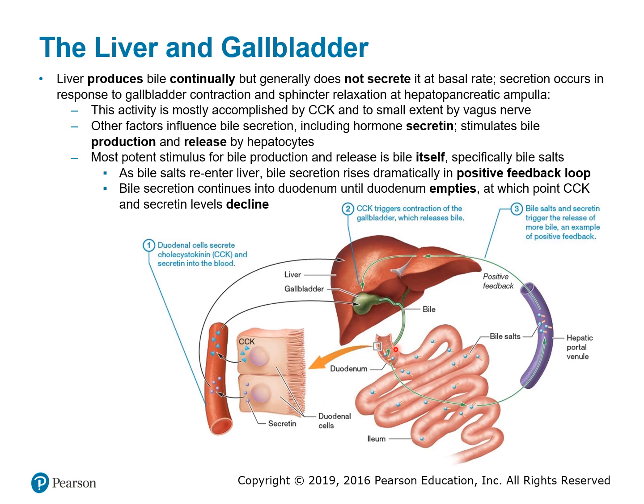And then secretin and CCK are going to be released by the duodenal cells. They're going to go through the blood system. Then the CCK is going to trigger the contraction of the gallbladder. So it's going to be contracting, which is going to start releasing the bile into the duodenum. So then that's going to happen, and then the bile is going to be released in.